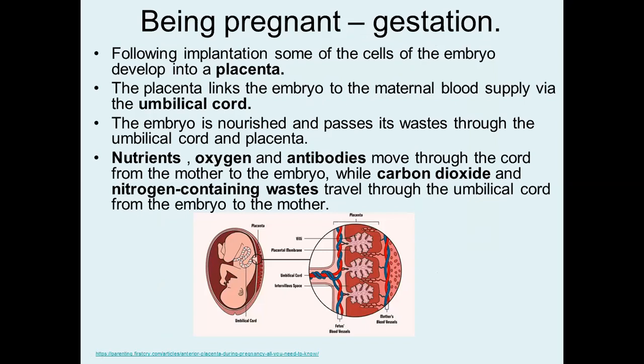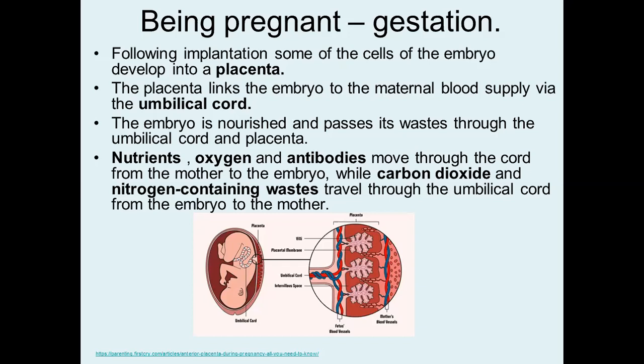So gestation is the period of pregnancy. And I'm sure you know this word because you know, for example, that an elephant's gestation period is 22 months. So you know that an elephant is pregnant for 22 months. So following implantation, some of the cells of the embryo develop into a placenta, which is linked to the embryo and to the mother's blood supply via the umbilical cord.